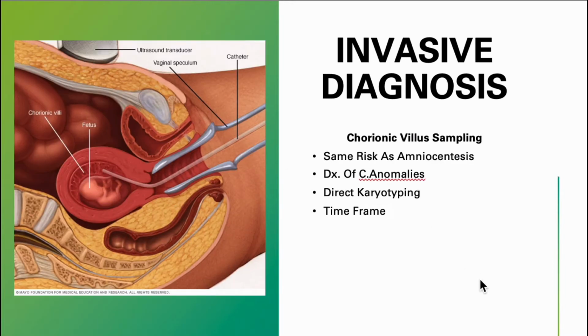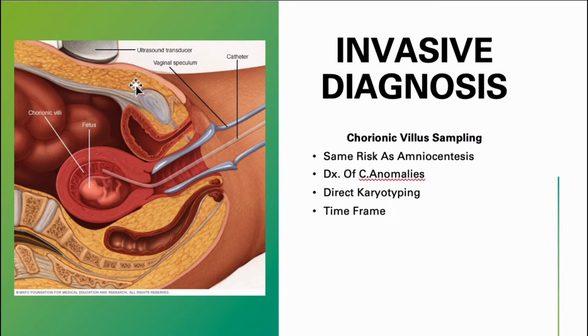All right, the next thing that we have over here is what's called a chorionic villus sampling, or another term that they give is a CVS. This is the acronym for it. CVS, chorionic villus sampling. Make sure you know that and you understand that.